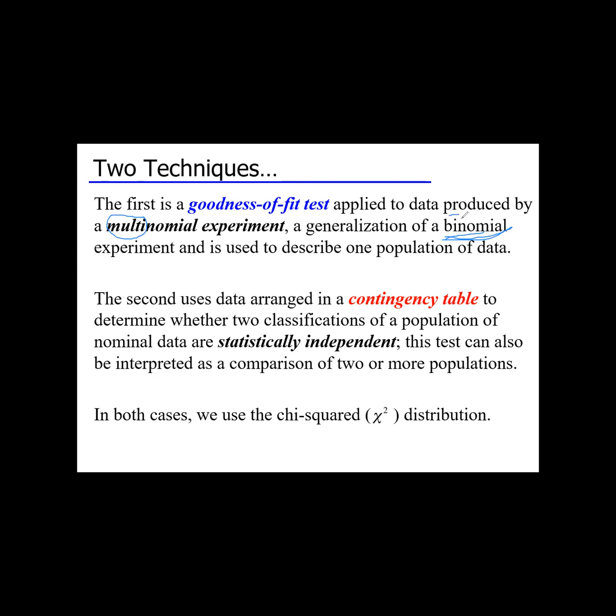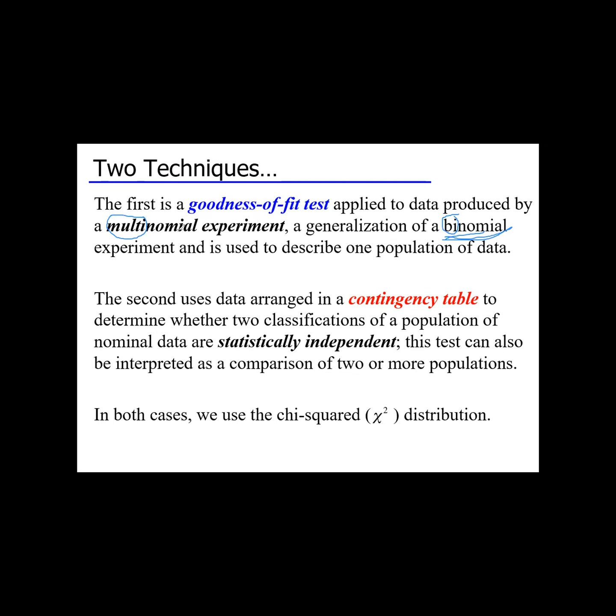With binomial distribution, we said the prefix bi means two. Nomial means number, meaning that we are dealing with two numbers. So the binomial experiment is the one that deals with two numbers. So multinomial experiment, multi means many. The prefix multi means many. Nomial means numbers or number.